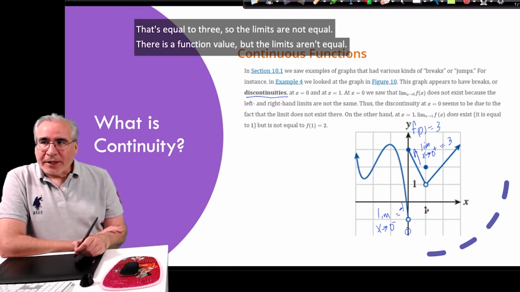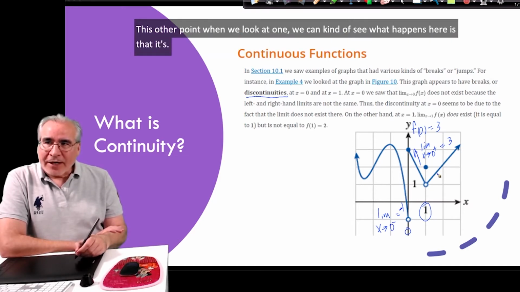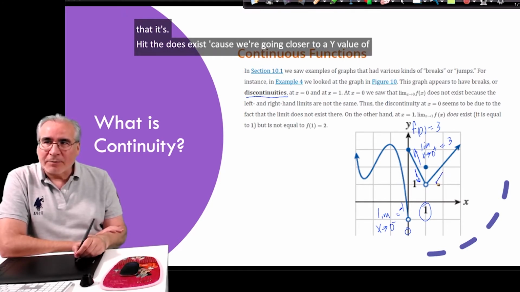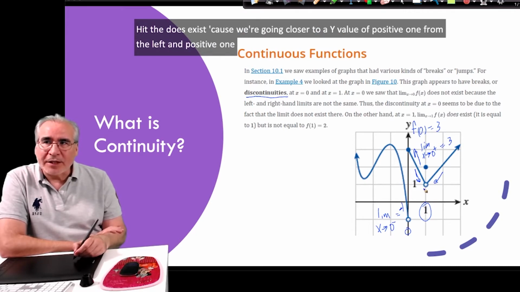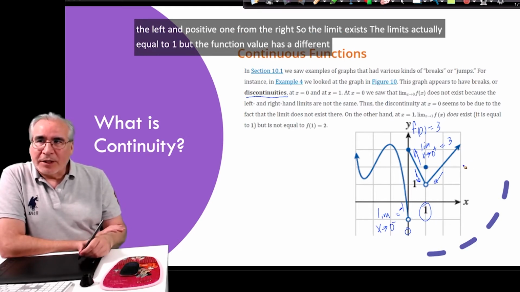This other point, when we look at 1, we can see that the limit actually does exist because we're going closer to a y value of +1 from the left and +1 from the right. So the limit exists. The limit's actually equal to 1, but the function value has a different value. The function value would be 2 here.